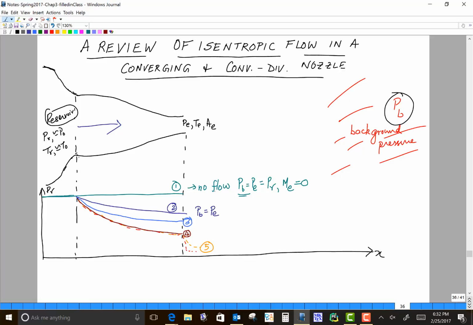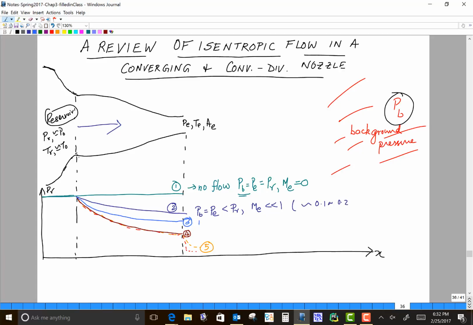No reason why it should not be the same, and this will be smaller than my PR. And my ME, the Mach number at the exit plane, is going to be a very small value, say approximately 0.1 or 0.2, depending on how small this PB or PE is.